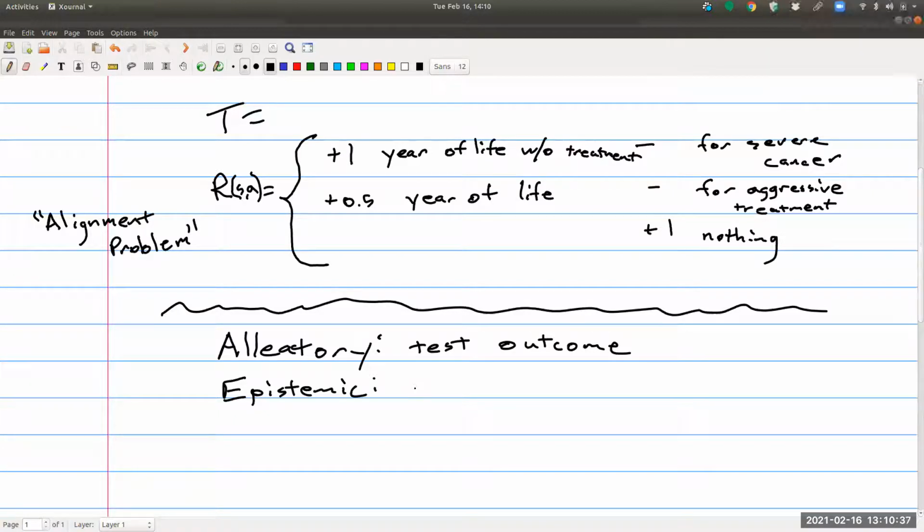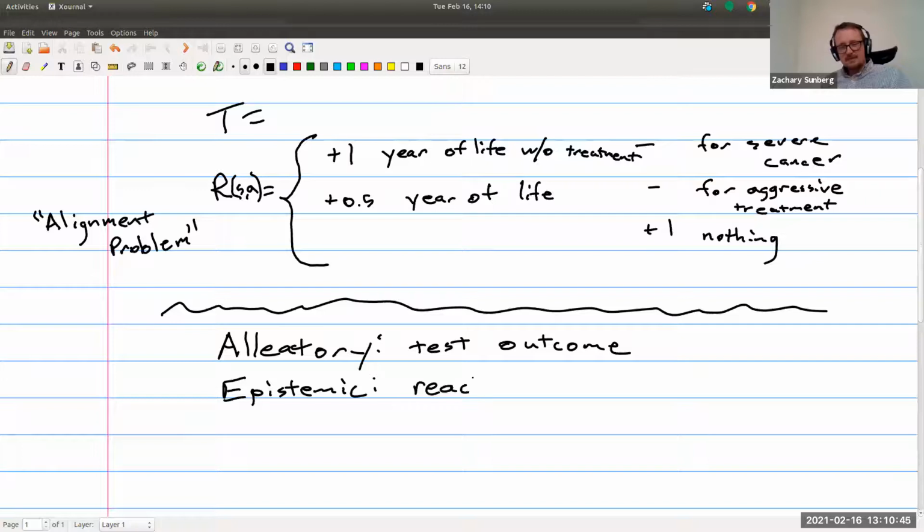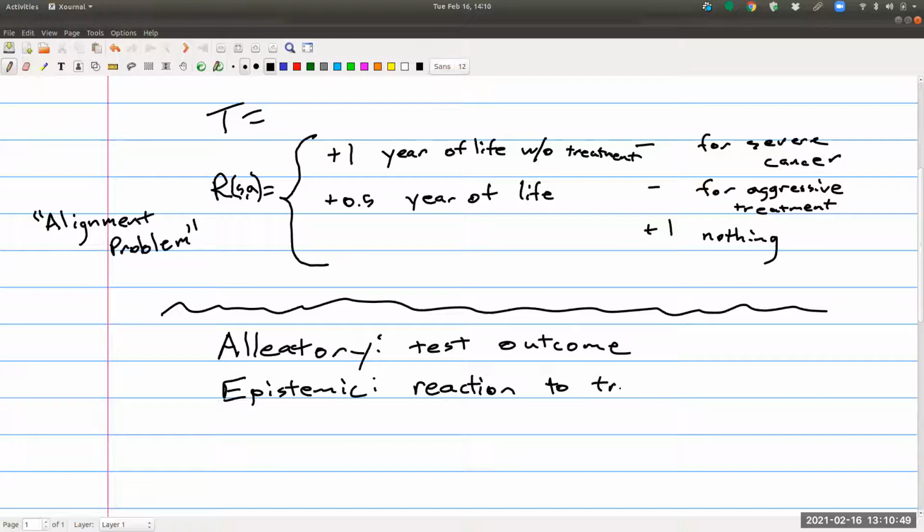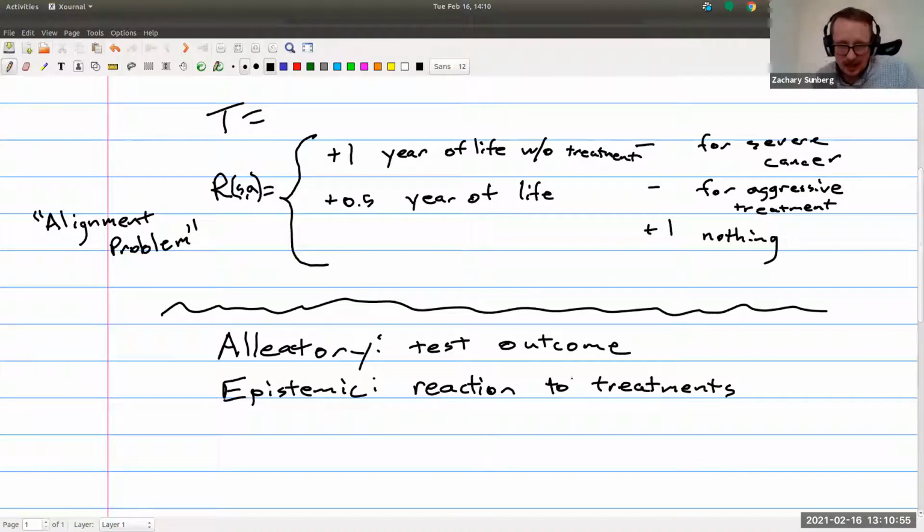For epistemic, I think we were thinking about their reaction to the treatments. Okay, so the probability of having adverse side effects. Yeah, cool, I like that a lot.